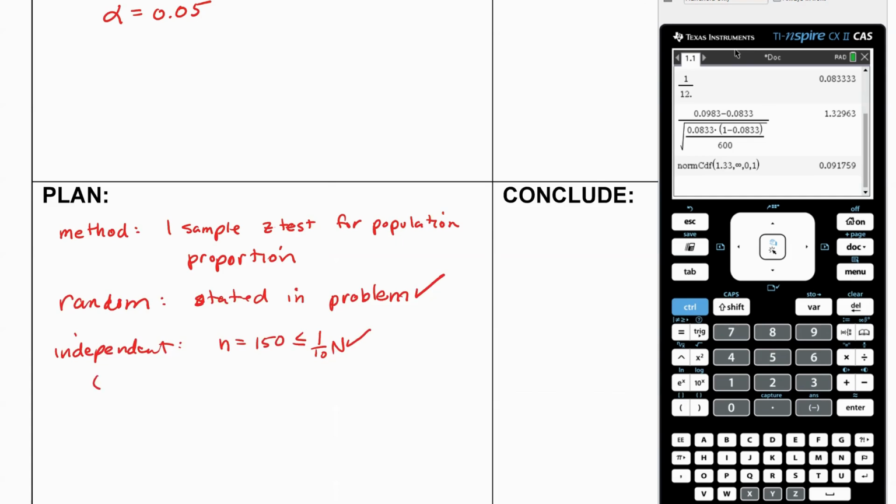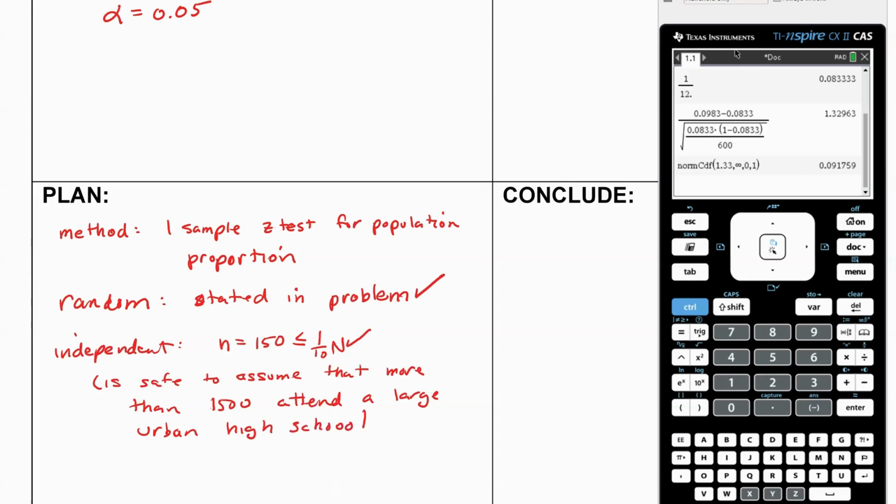But I'm going to give a check mark because I think it's safe to assume that more than 1,500 attend a large urban high school. Only 2 I was in school.